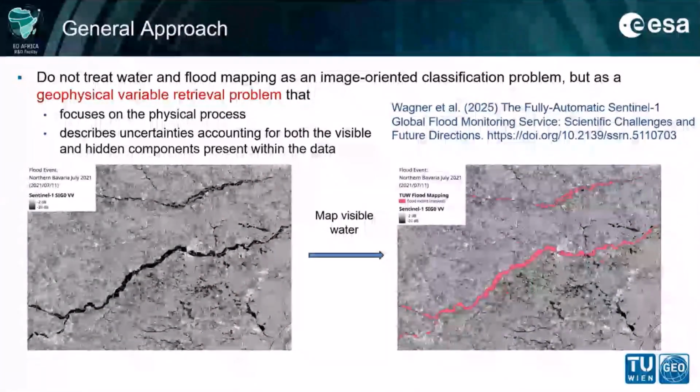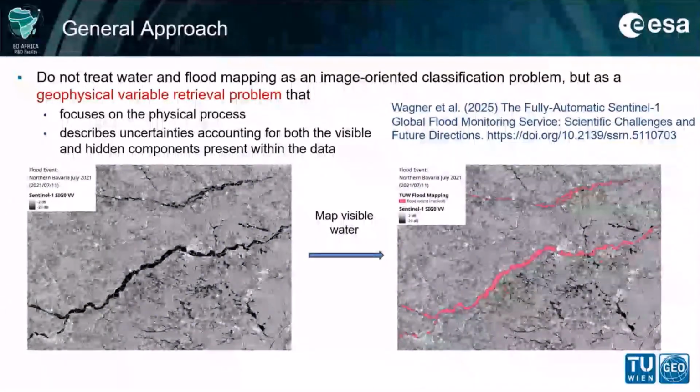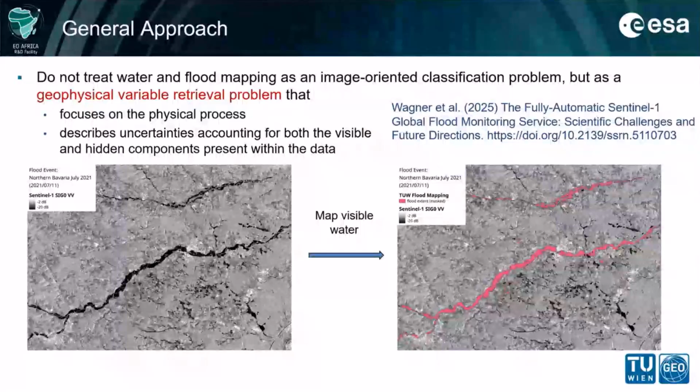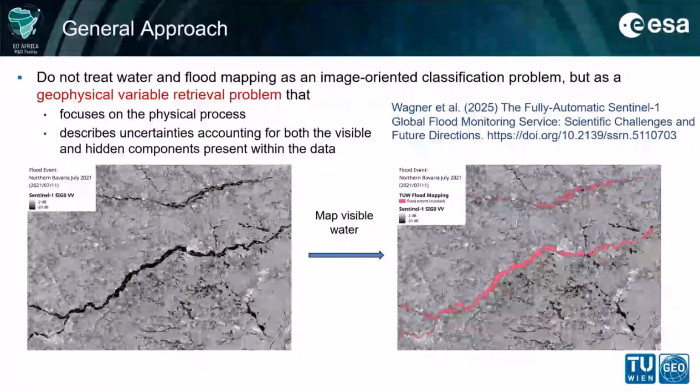The first point I want to make is that usually the mapping of water is treated as an image-oriented classification problem, meaning that people have the view: I take an image, I use all the spectral channels that I have in my image and solve a classification problem as well as possible.